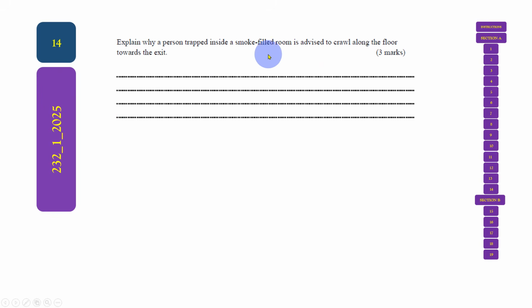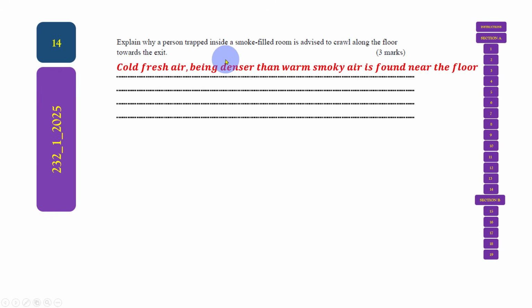Explain why this person in a smoke-filled room is advised to crawl along the floor towards the exit. Cold, fresh air, being denser than warm, smoky air, is found near the floor. In order not to choke, you want to expose yourself to fresh air.